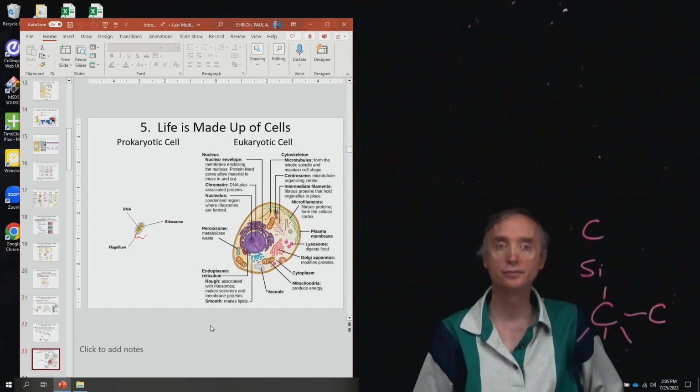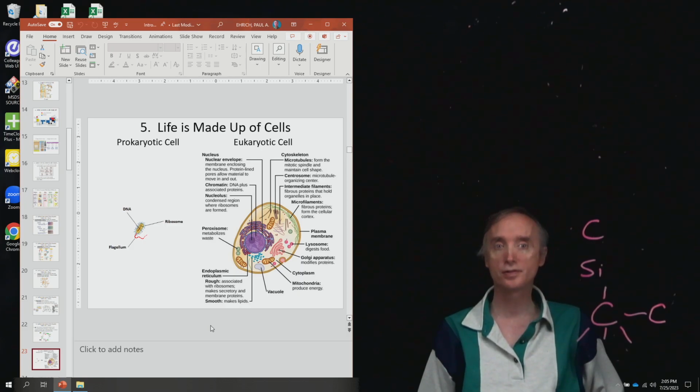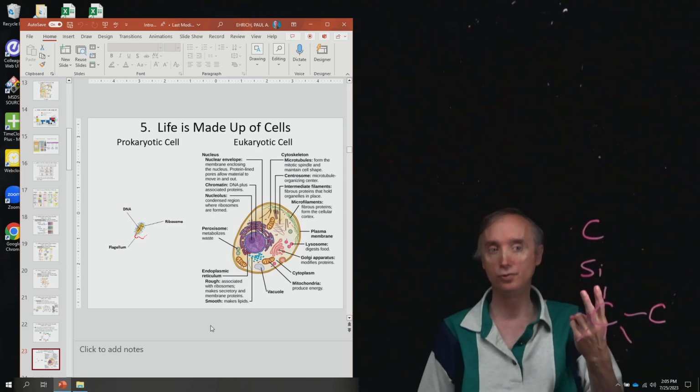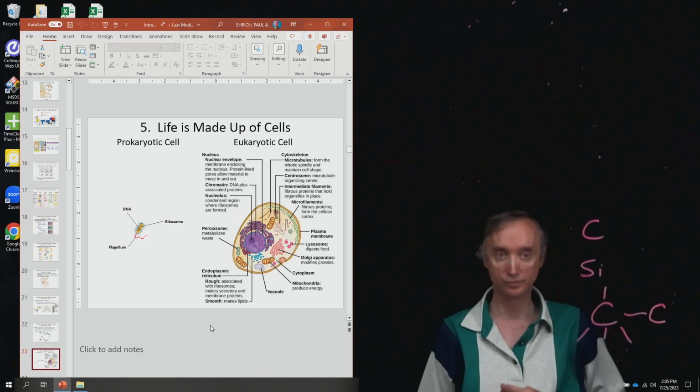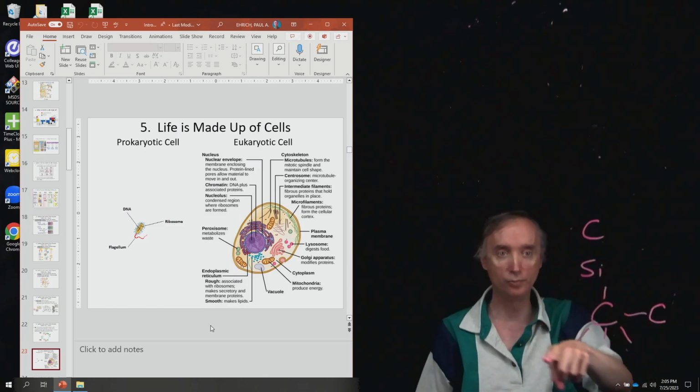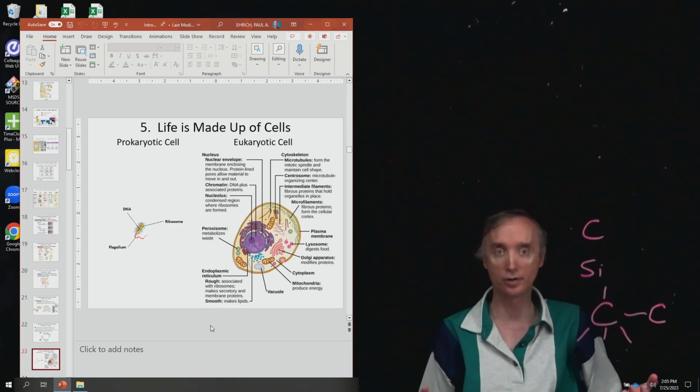Okay, and then the next thing is, can you name 2 parts of a cell? Okay, name 2 things that you find inside of cells. And so I would recommend the envelope, so the cell membrane that surrounds the cell, so that's actually an organelle, and then the nucleus.